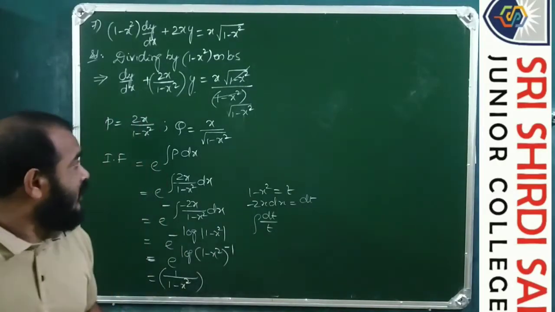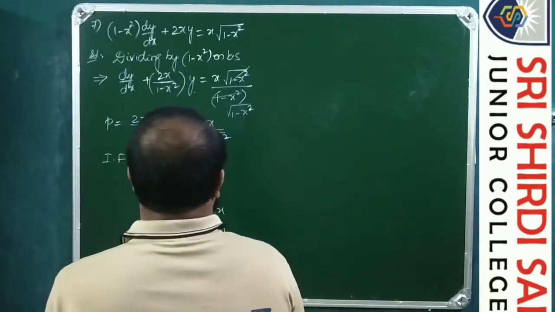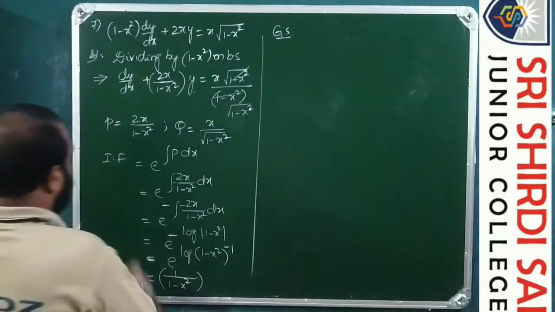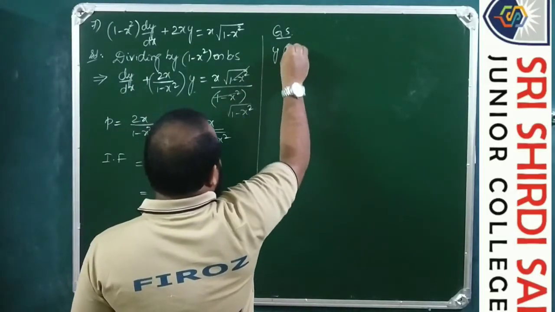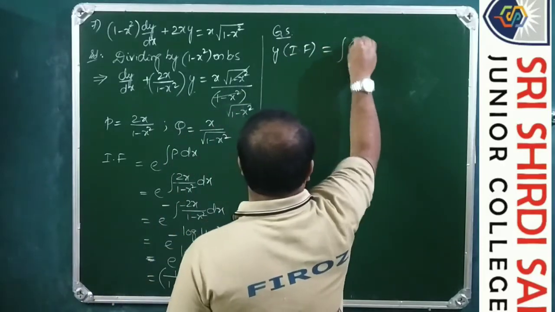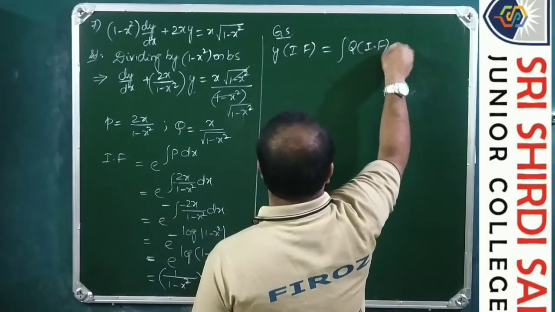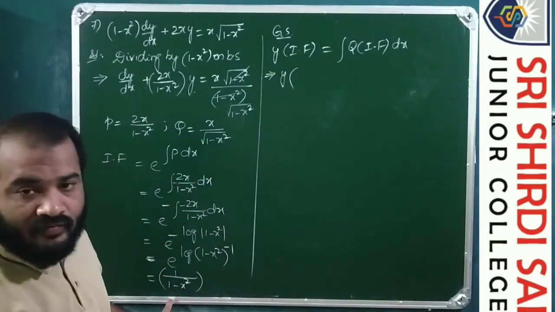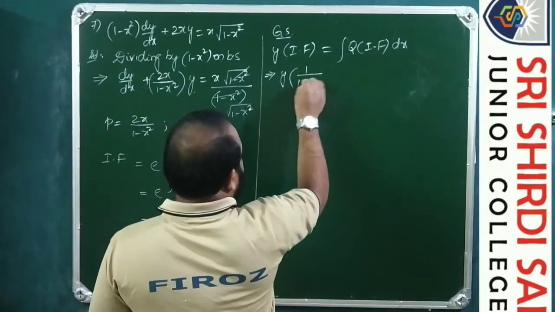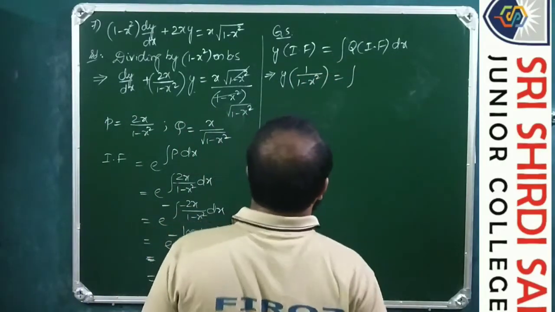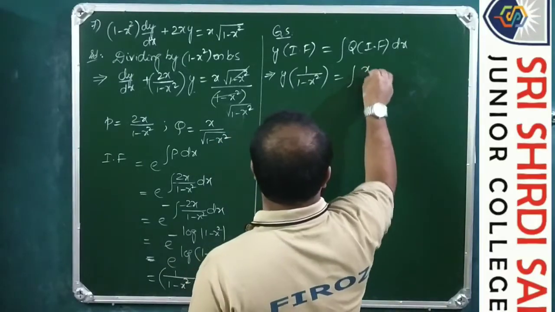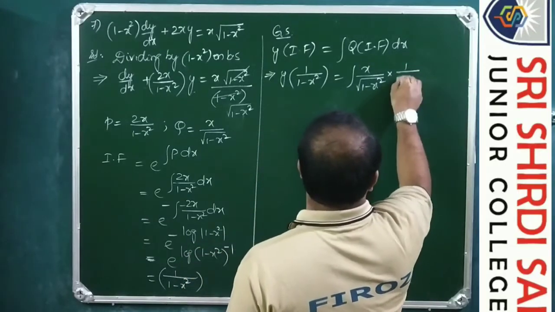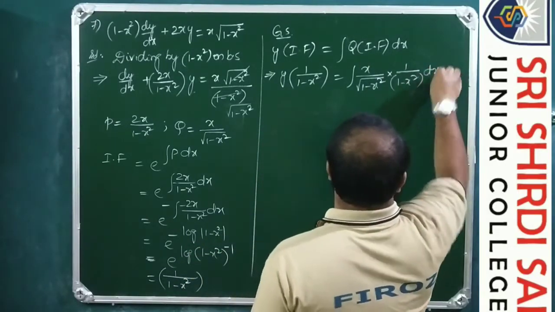And now the general solution is y into integrating factor equals integral of Q into integrating factor dx. So y into integrating factor, which is 1 by (1 minus x square), equals integral of Q, which is x by root of (1 minus x square), into this 1 by (1 minus x square) dx.